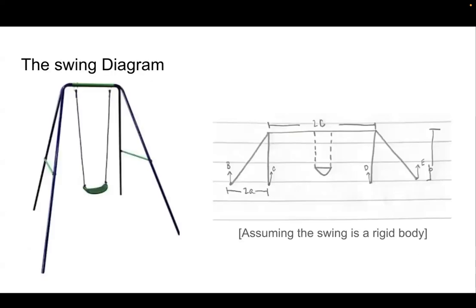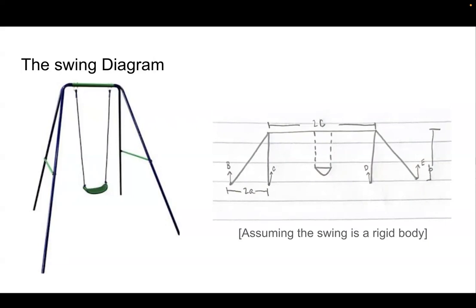Next slide. So this is the swing diagram. With the real picture on the left, I couldn't find one without the two horizontal bars in between the four bases. But if you look on the image to the right, it doesn't have those two horizontal bars.